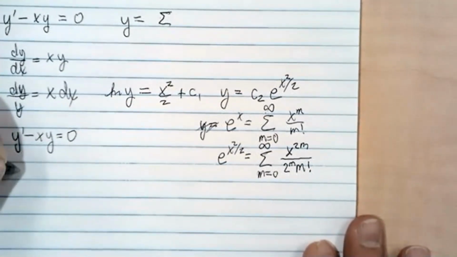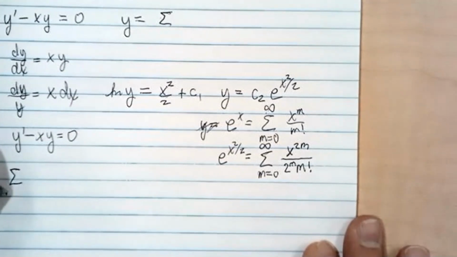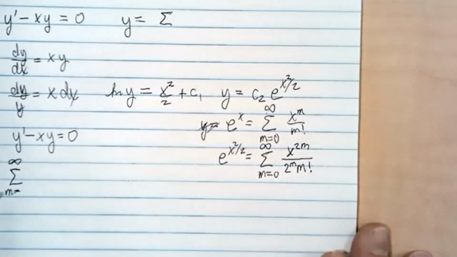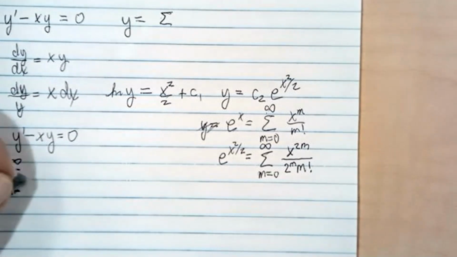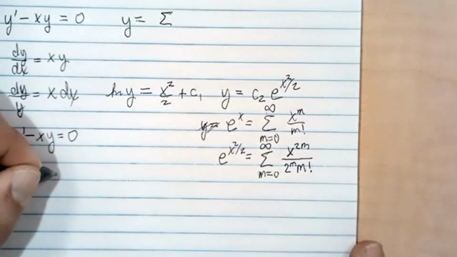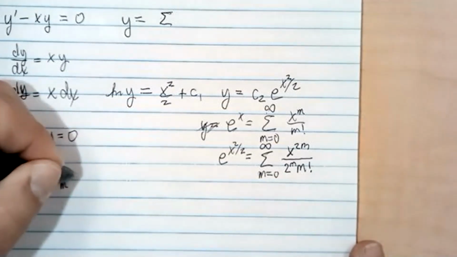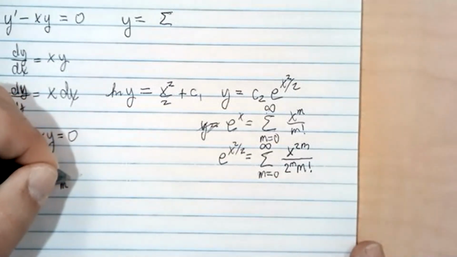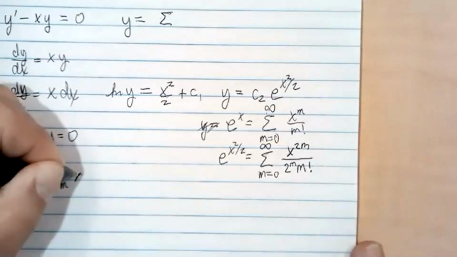Okay, now at this point we've done the derivative enough that we probably can write this down without too much difficulty. When you take the derivative of am x to the m, you're going to have m am x to the m minus 1.